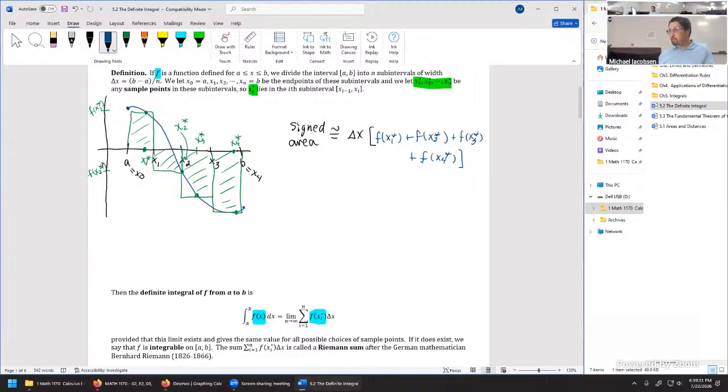That area is probably a pretty crude approximation, sometimes underestimating, sometimes overestimating, either a positive or negative area. But we can say the exact signed area under the curve y equals f of x is when we put a limit on it. So if we take the limit as n goes on to infinity, we have the exact area.